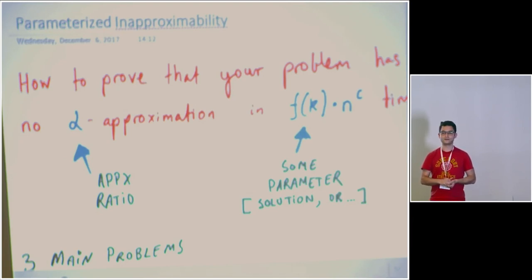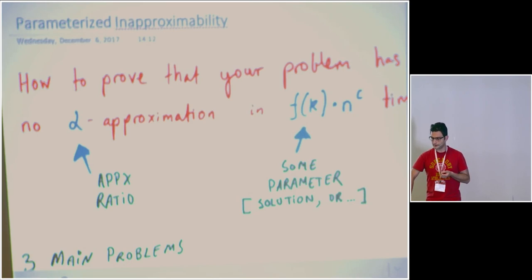Now, you've also proved that your problem is inapproximable in polynomial time, or you do have an approximation algorithm, but its approximation ratio is too high. And then you ask yourself, okay, is there some sort of hybrid? Can I now perhaps approximate my problem in FPT time and get an approximation ratio that is better than what I could have hoped for doing it in polynomial time?